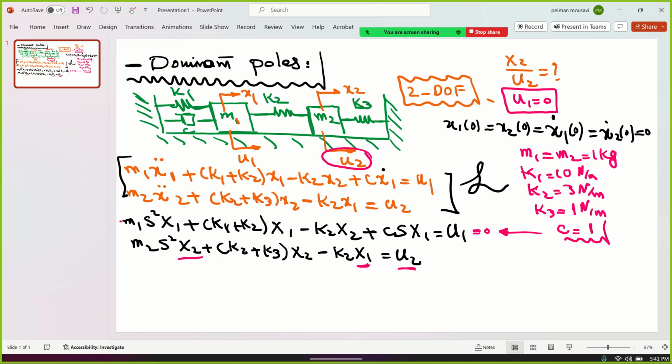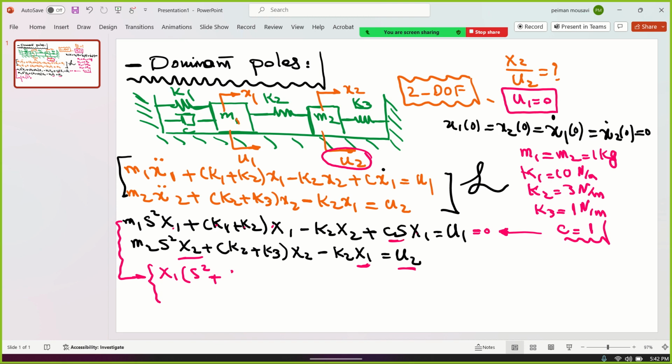Being said, I'm going to write this here. These equations become like this. See from here, X1, X1, X1. So I'm going to factor out X1: S squared, K1 plus K2, 10 plus 3 is 13.